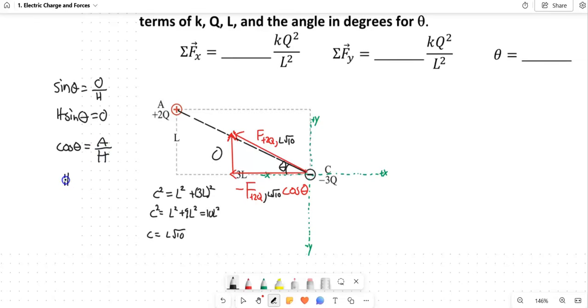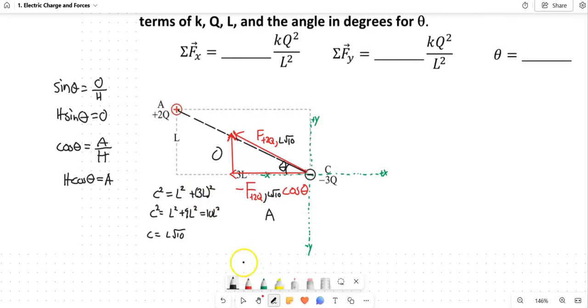Multiply both sides by the hypotenuse, which is F 2q L square root of 10, that's the hypotenuse, and this is the adjacent side, right here, since the adjacent side always physically touches your angle theta.